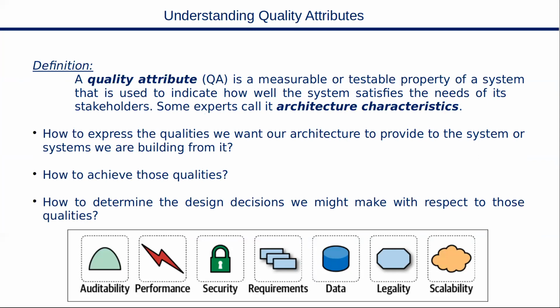First of all, let's try to understand what it is and what the definition of quality attributes is. A quality attribute is a measure or testable property of a system that is used to indicate how well the system satisfies the needs of its stakeholders.